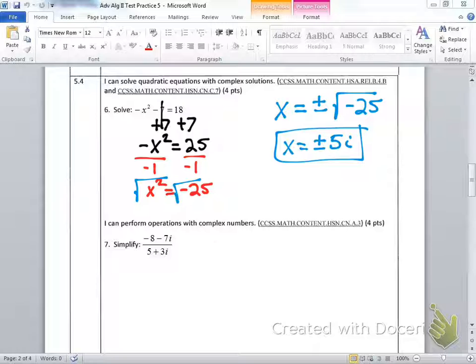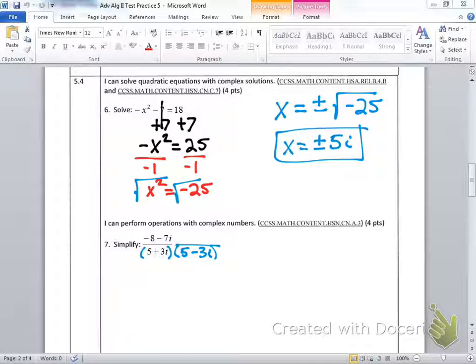Okay, let's do it. So, your goal here, I can perform operations with complex numbers. Do you guys remember the trick to getting the i out of the bottom? You multiply by the inverse, same thing, but with a different sign in the middle.